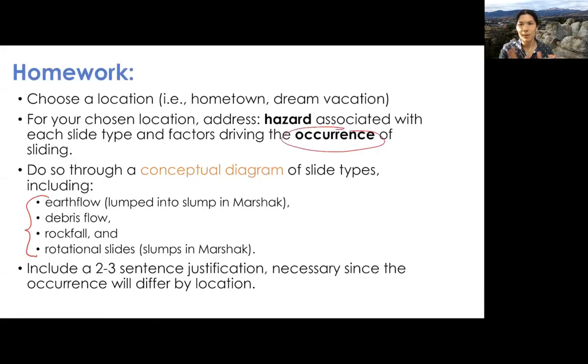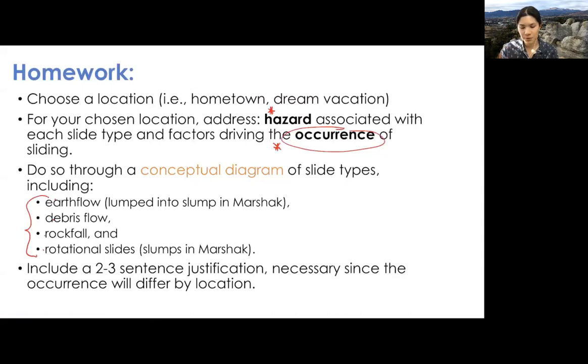So now for your homework, I would like you to synthesize this in a conceptual diagram by choosing a location. This can be any location in the world that is up to you. It can be your hometown, it can be somewhere you dream of going once the pandemic is over. For that location, I would like you to, for earth flows, debris flows, rock falls, and rotational slides, think about the hazard associated with each slide type and then the potential occurrence of each slide type.